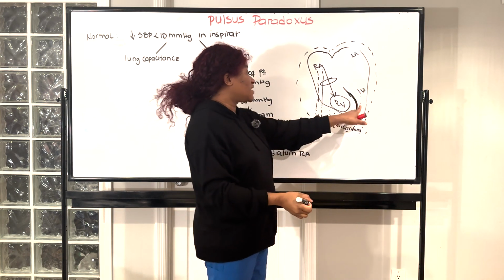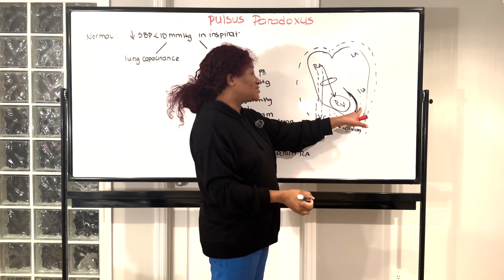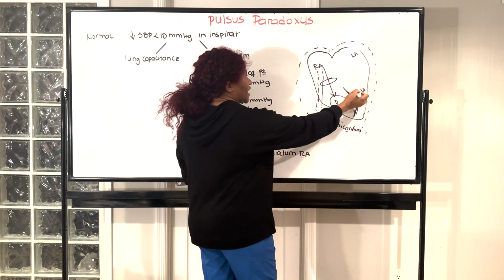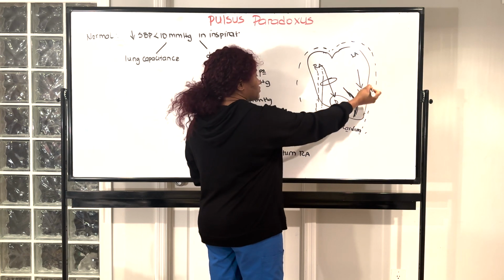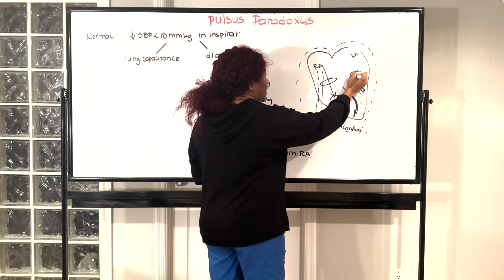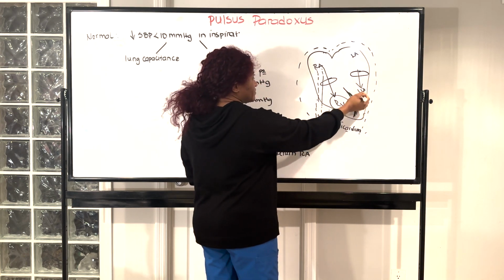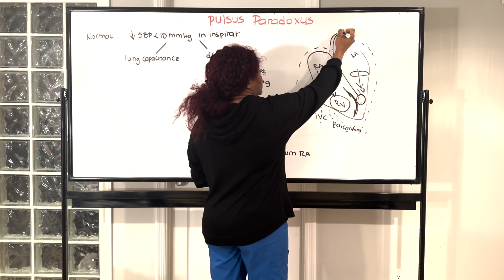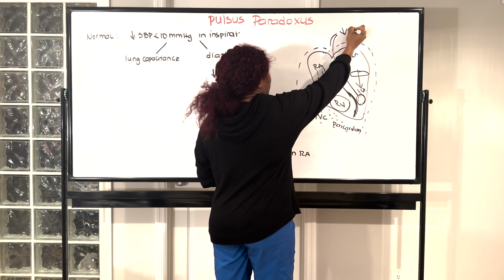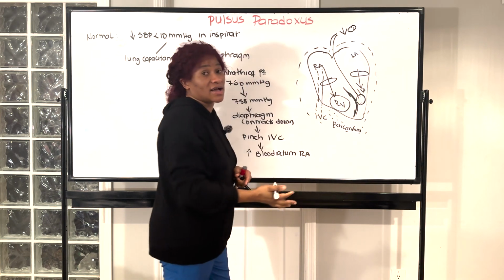And if the space of the left ventricle is reduced here, we have less blood coming here from the left atrium to the left ventricle passing by the mitral valve. And if we have less blood here, the aorta is going to pump less blood, giving us a decrease in our cardiac output.